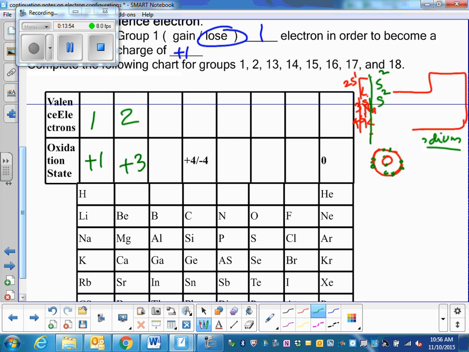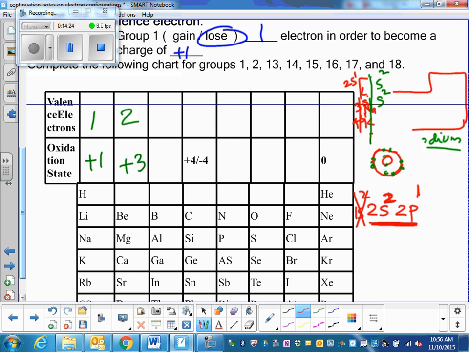Now, when you go to group 13, or if you go to boron, if you write boron's electron configuration, the outermost is 2s2, 2p1. Is that right? That's the outermost electron configuration. You have to ignore the 1s2 because it's the lower energy level. That is boron's outermost electron configuration.